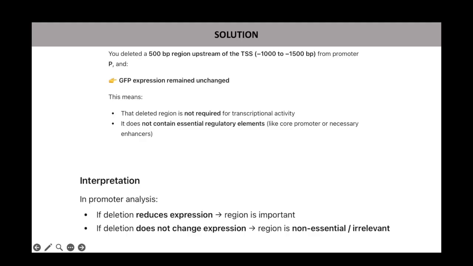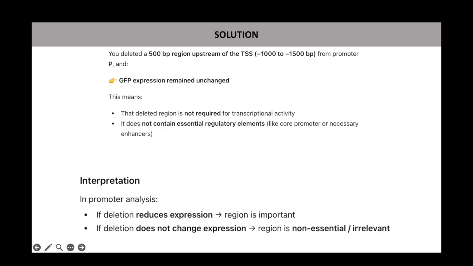So this is basically the TSS, and this is, for example, the 500 base pair site that is being removed. So now the size of the promoter is reduced by 500 base pair. This is the transcription start site, and this is our GFP gene. So this is the construct the question is talking about.